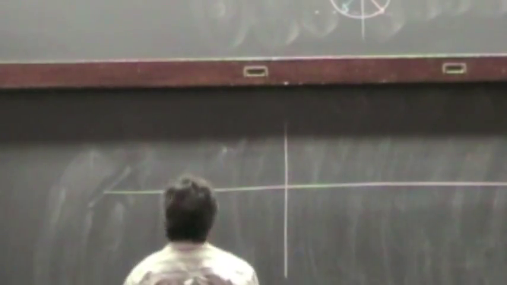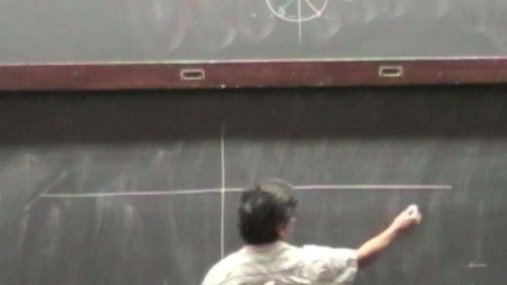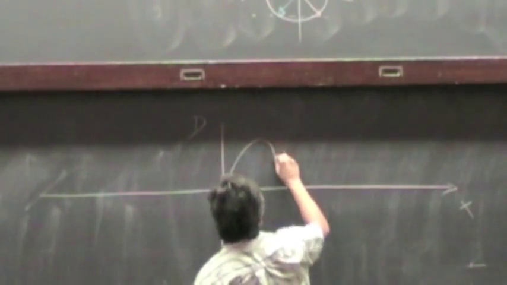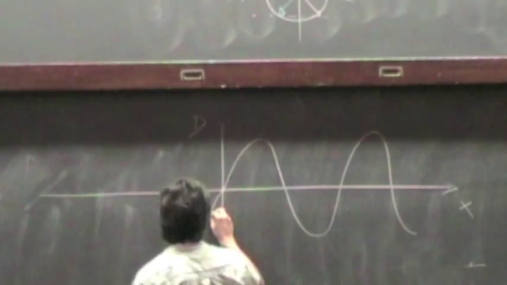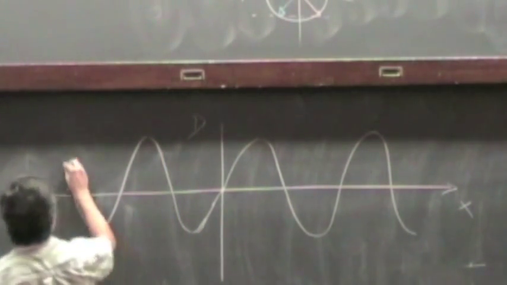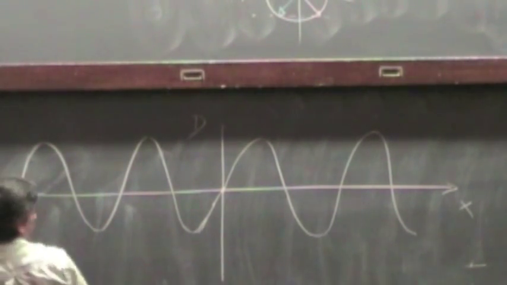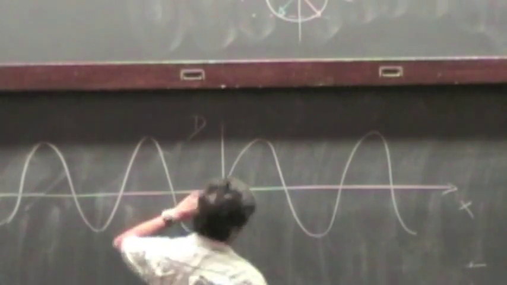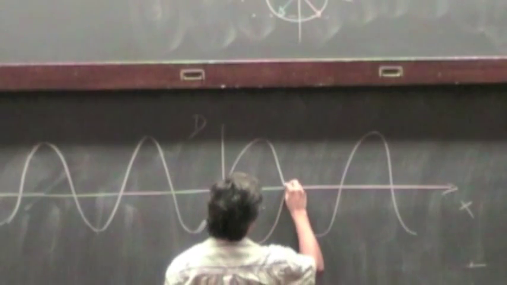So if I were to take a picture of the standing wave, again with a node at the origin, and if I were to take a picture of that wave half a period later, it will be doing this.